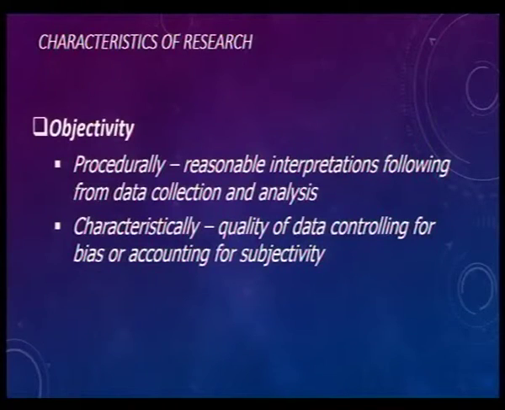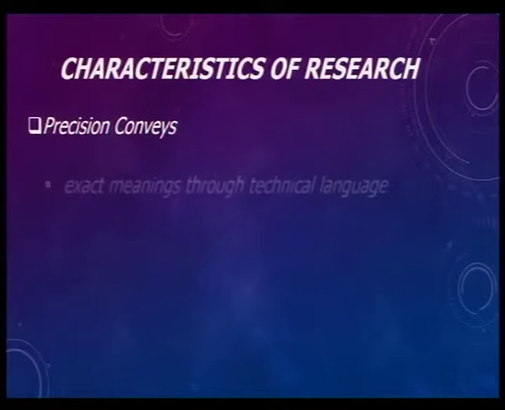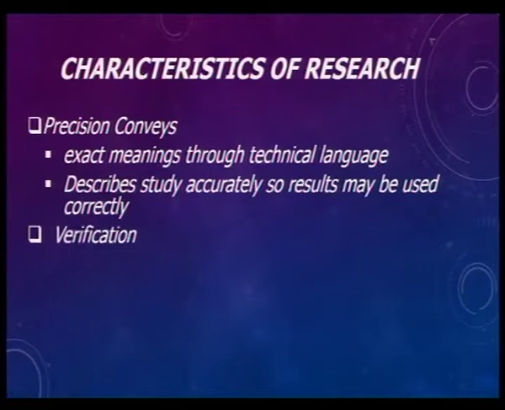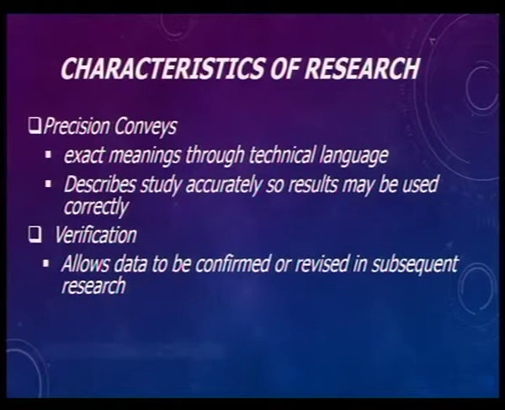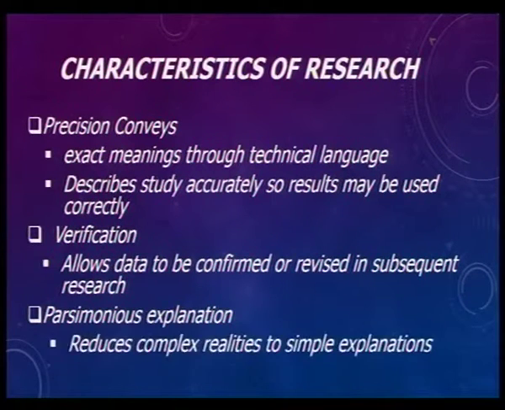The function of research. So let us go back to the characteristics of research. Research should have objectivity, which means it should have an objective, the main one. It should also have precision. It should have verification. It should have parsimonious explanations.